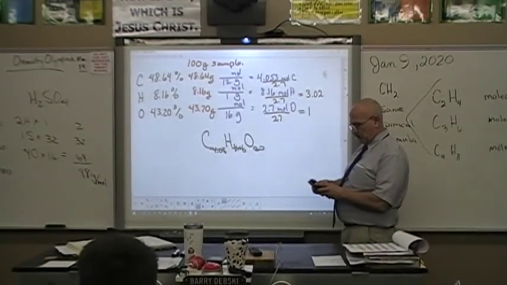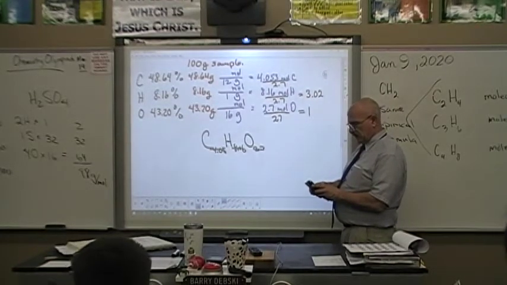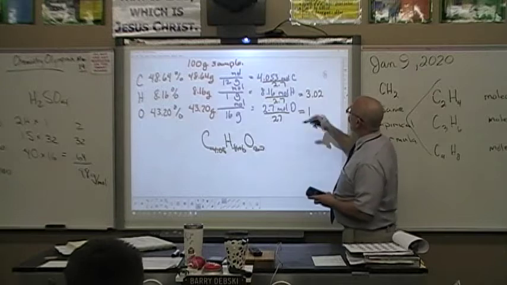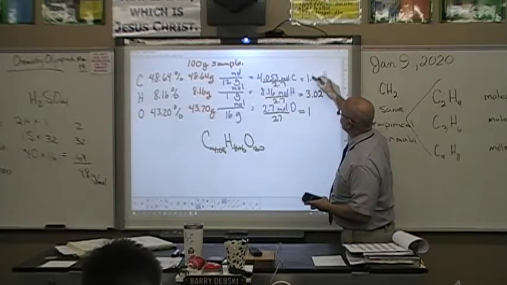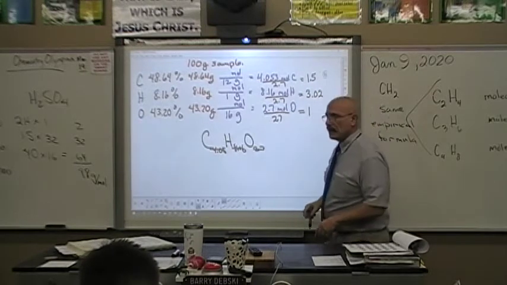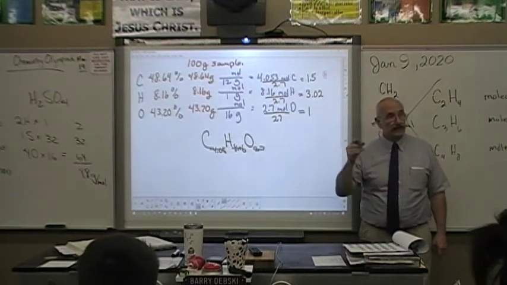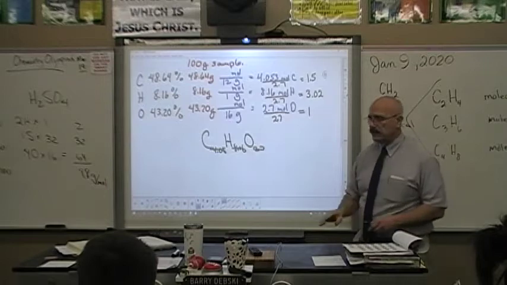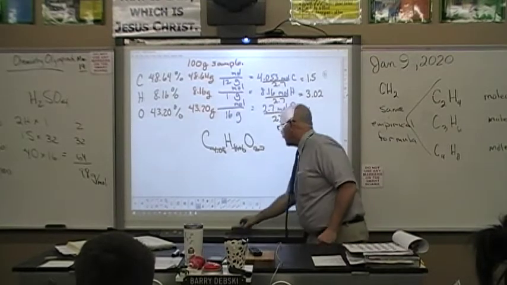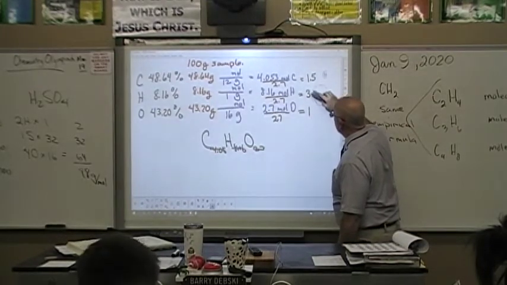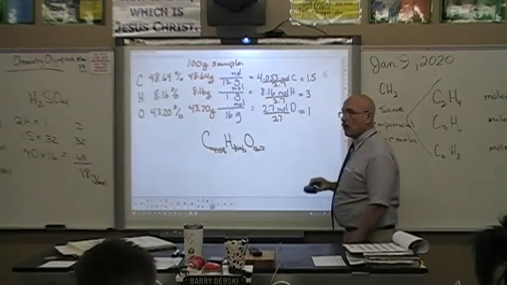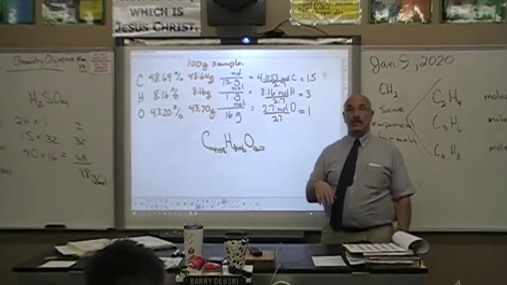And 4.05 divided by 2.7 equals 1.5. Now, would everybody agree that 3.02 is really, really close to 3? Okay? So I'm going to say, for the purposes of this problem, that that's a 3. This is a 1.5, and that's a 1. Well, we're getting closer to whole numbers, right?